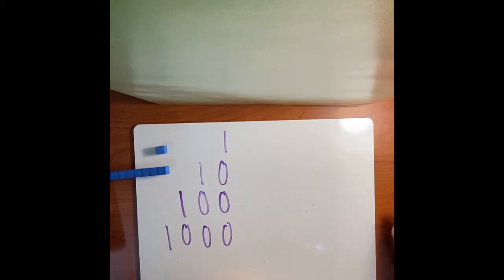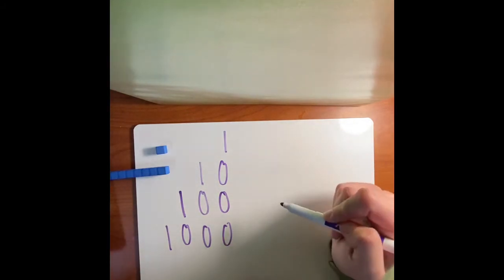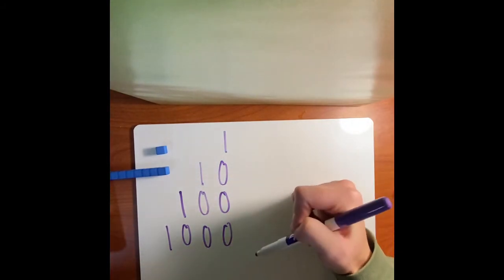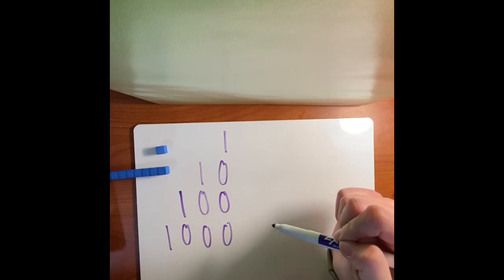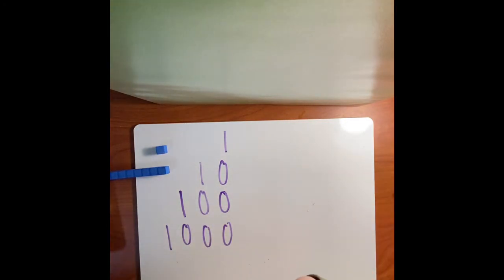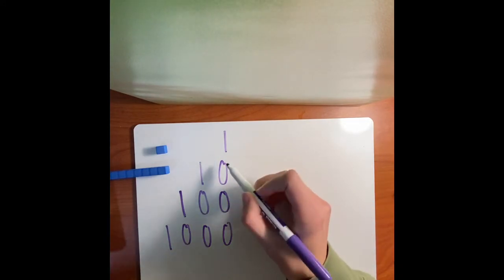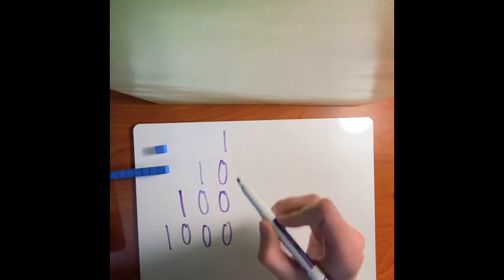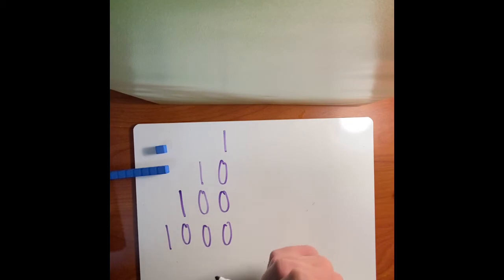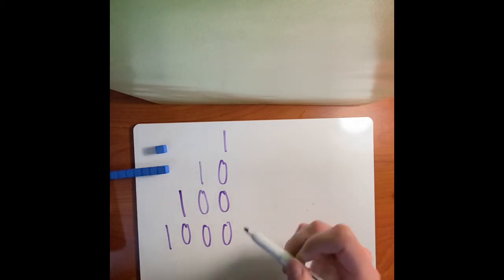Okay, so now we're going to go ahead and look at, there's a pattern here, and I want you guys to see if you can recognize the pattern. So what we're going to look at is, how do we get from 1 to 10? Well, one thing we could do is add 9, but something else we could do is multiply by 10.